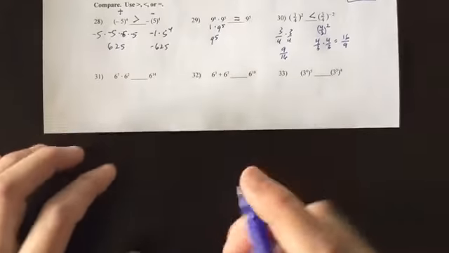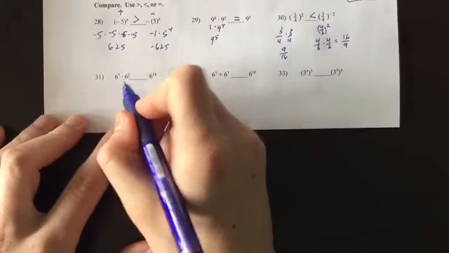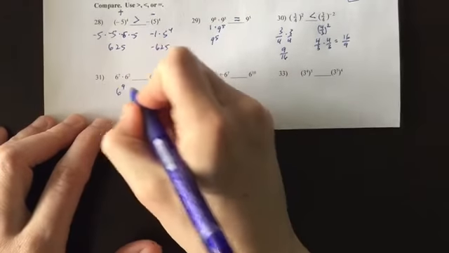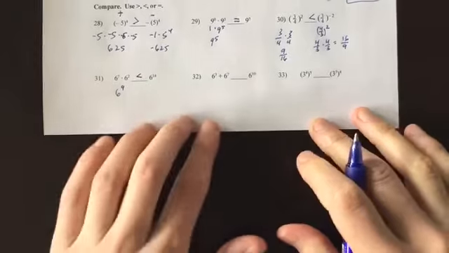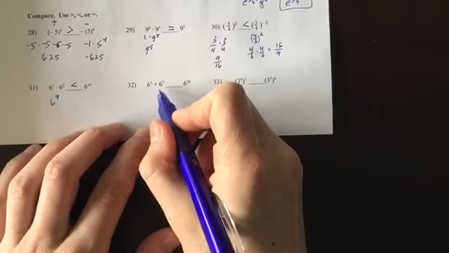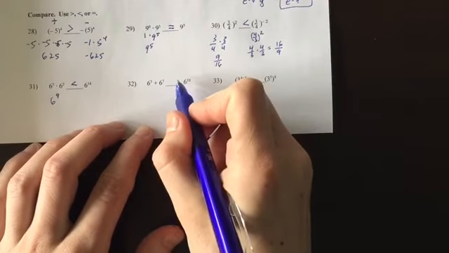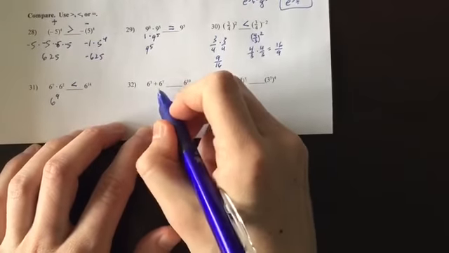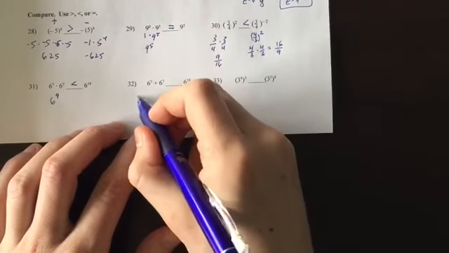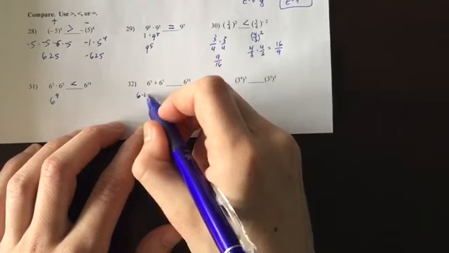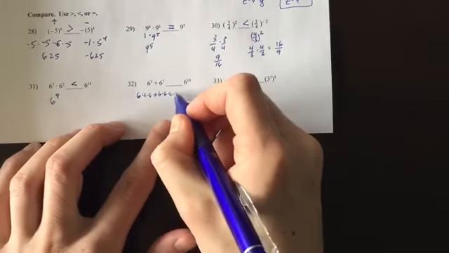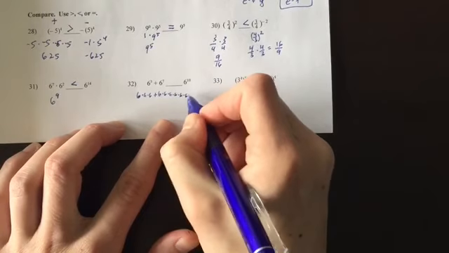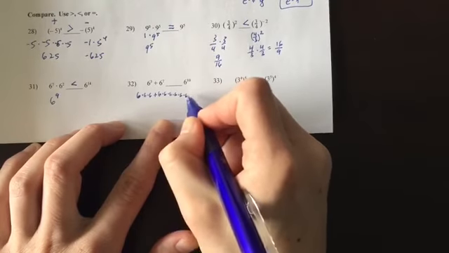Okay. On 31, 6 to the 7th times 6 squared, that's 6 to the 9th. Well, 6 to the 9th is less than 6 to the 14th. 6 to the 3rd plus 6 to the 7th. Oh, addition. You can't combine those, right? So 6 to the 3rd, that's 6 times 6 times 6, plus 6 times 6 times 6 times 6 times 6 times 6. 1, 2, 3, 4, 5, 6.